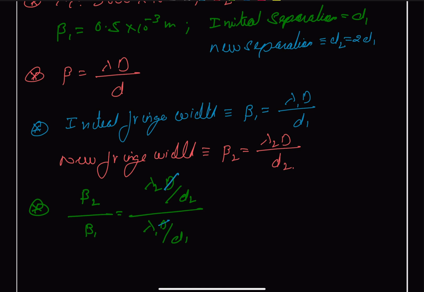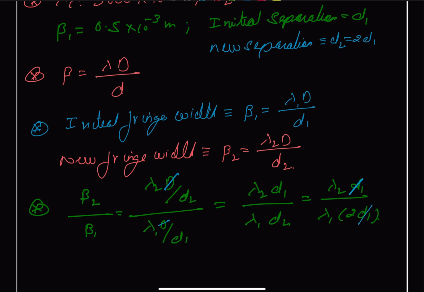We are left with lambda 2 d1 upon lambda 1 d2, and we already know that d2 is twice of d1, so we substitute it, we get lambda 2 d1 upon lambda 1 and twice of d1, and this d1 and d1 goes away.